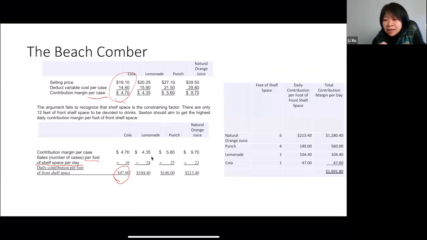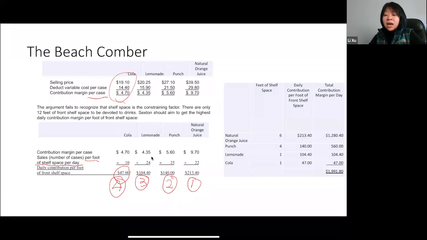And next step, we're going to rank it, right? We can see which one is number 1. Here, orange juice, number 1, and the punch, number 2. Lemonade, number 3, and the Coke is number 4, okay? So since we have limited resources in the fridge, we are trying to first put the orange juice in it. And just remember, for each drink, you need a minimum 1 unit, and you need a maximum 6, okay?